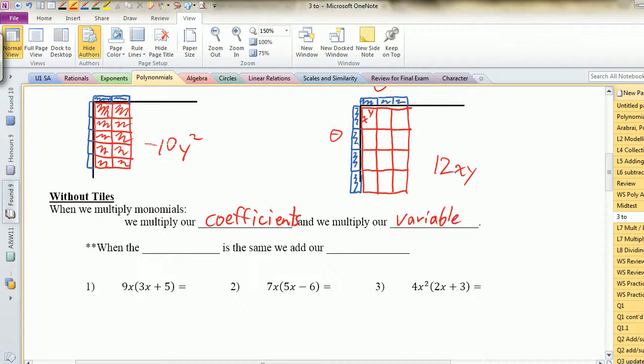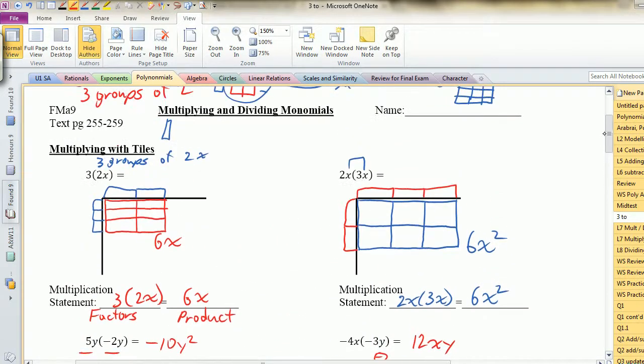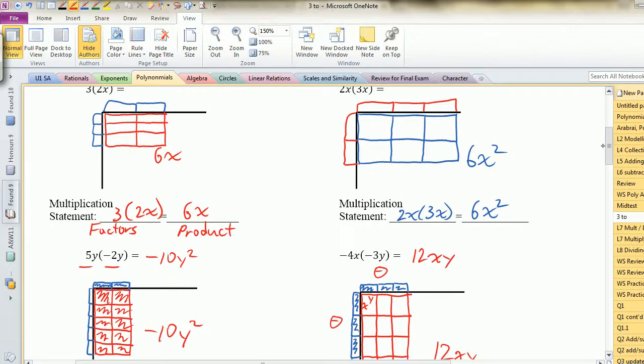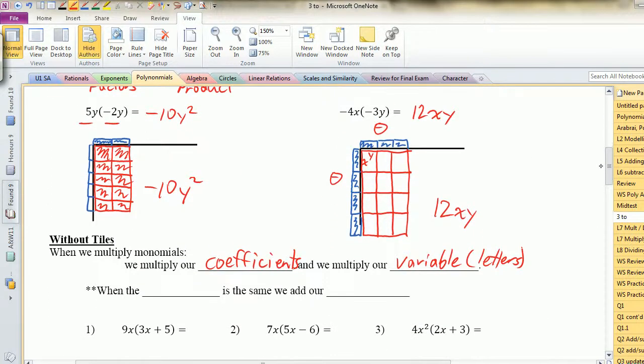Variables is that fancy math word for letters. Okay? So, key thing to remember with the letters, what happens when we multiply x by x? We get x squared. Okay? So when the base is the same, or the variable is the same, we add our exponents.